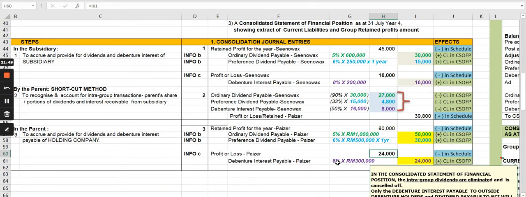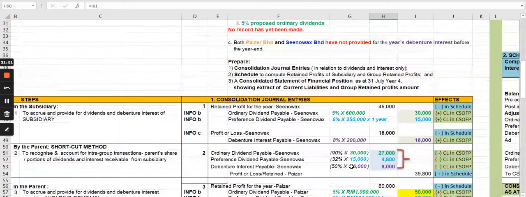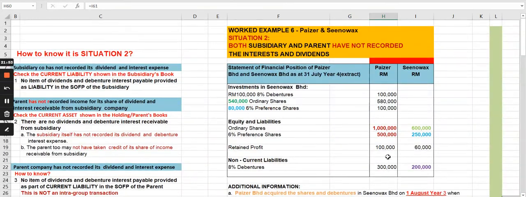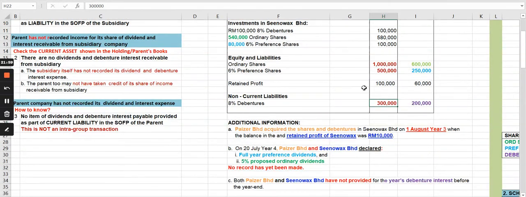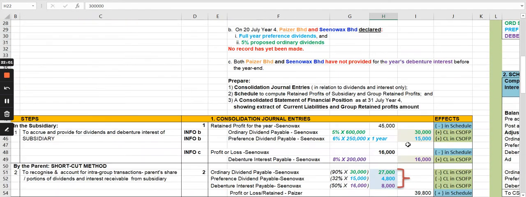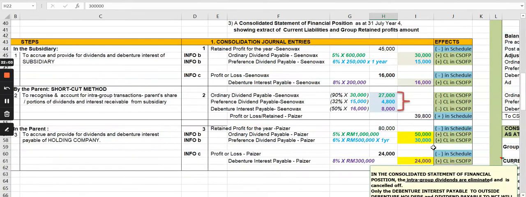How do you get 24,000? Because the carrying amount of the debenture was 300,000. 8% of 300,000 will give you 24,000.